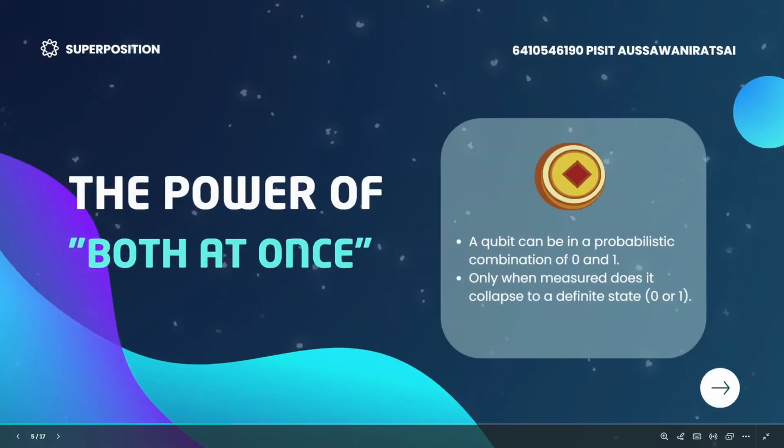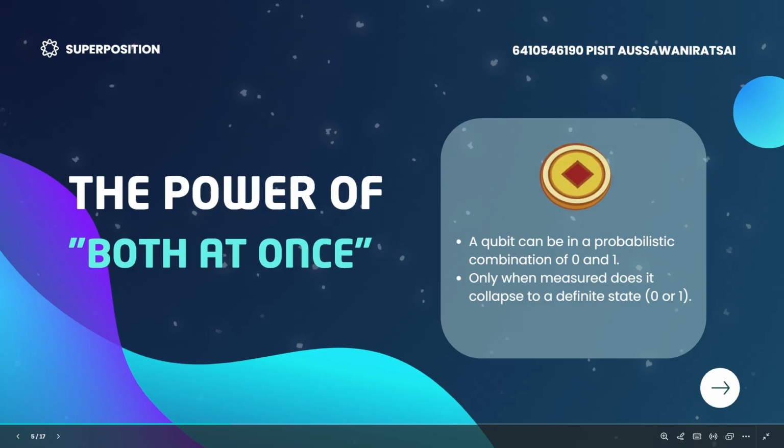So let's dive deeper into superposition. Think of a spinning coin. While it's spinning, it is neither heads nor tails definitively. It's in a combination of both possibilities. Similarly, a qubit can exist in a probabilistic combination of the 0 and 1 states.